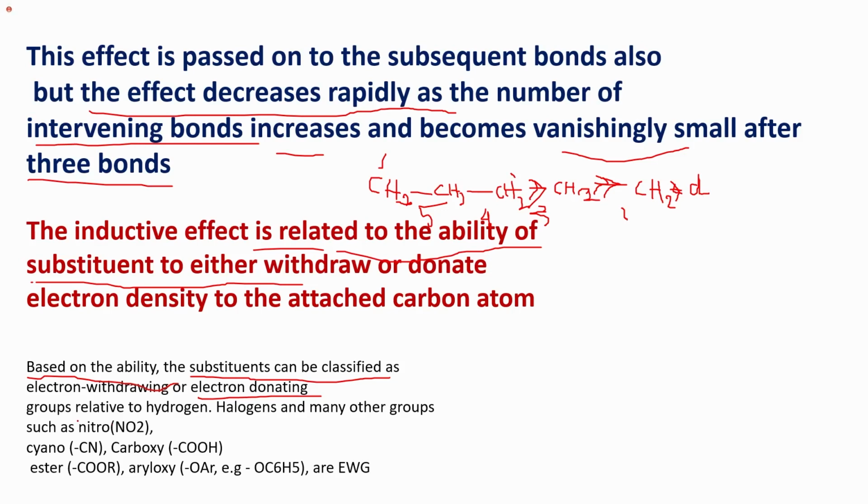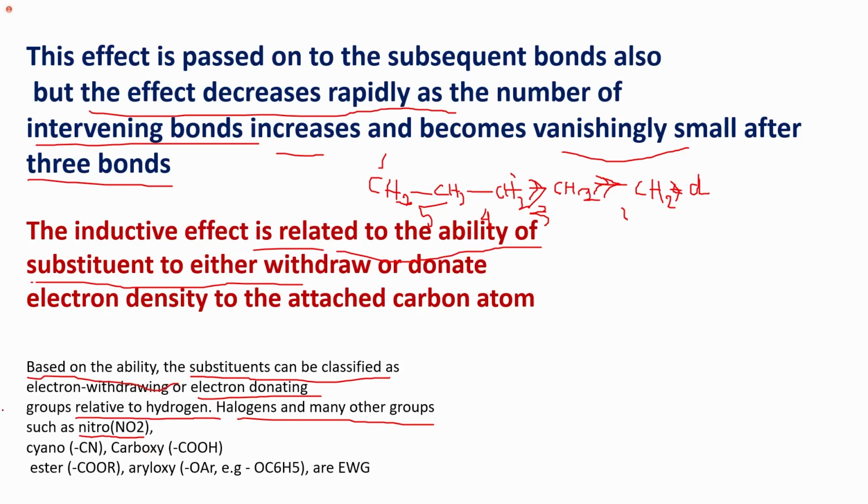Relative to hydrogen, halogens and many other groups such as nitro, cyano, carboxy, ester, and alkoxy are withdrawing groups. So which groups are electron withdrawing?